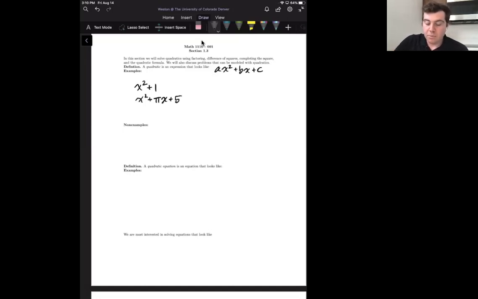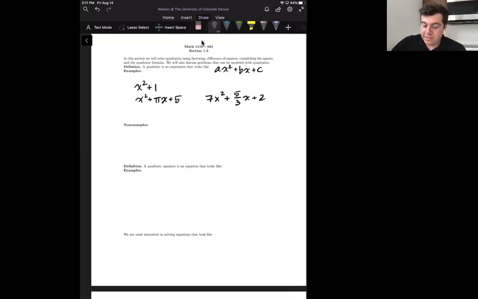We can have a number different than 1 in front of the x squared, so we could have something such as 7x squared, plus we can also have fractions, so 5/3 x plus 2.